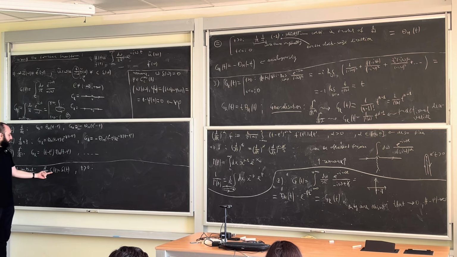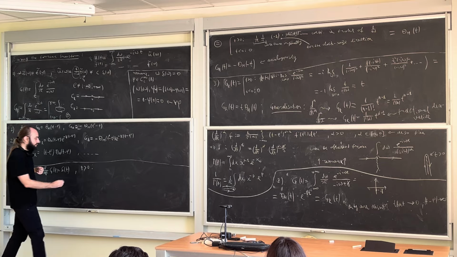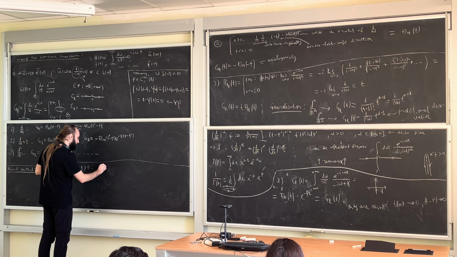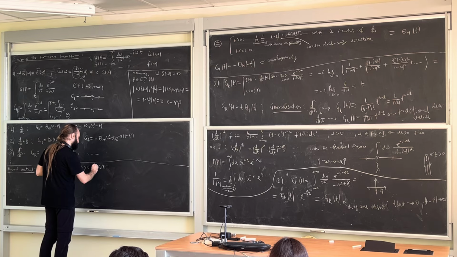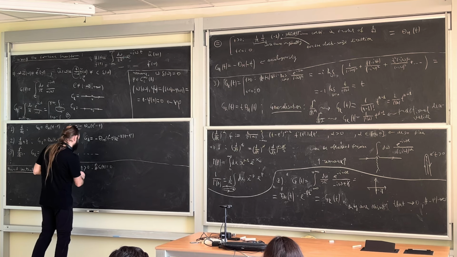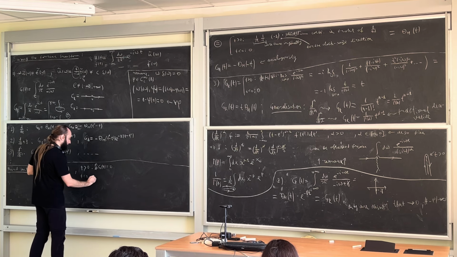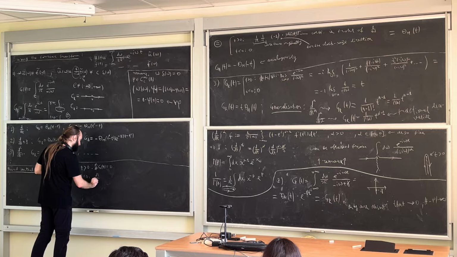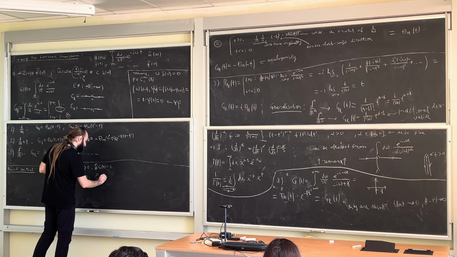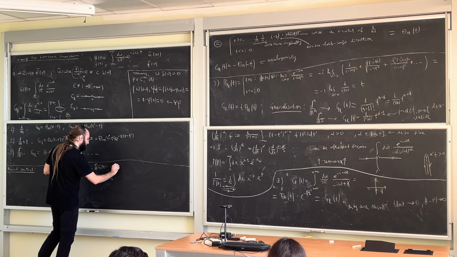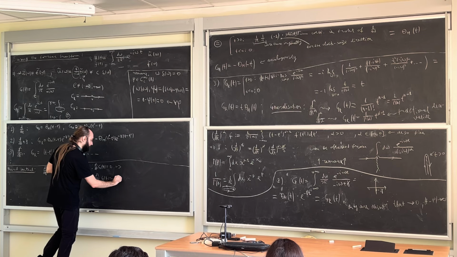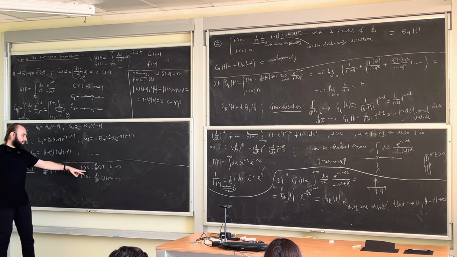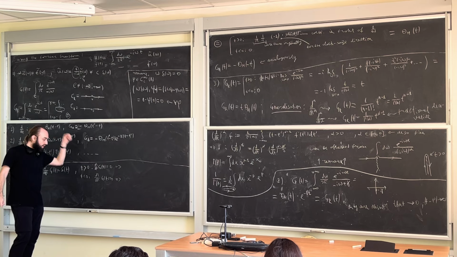What is the solution of this equation, g of t? How can we solve this equation?